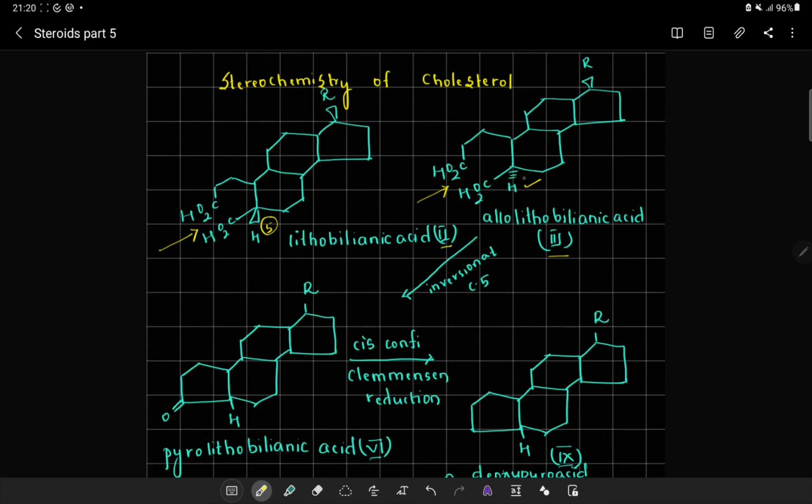Since at position number 5 there is a proton, and with respect to this proton there is a carbonyl carbon, that is the carboxylic group, there is easily an inversion at the C5 position.